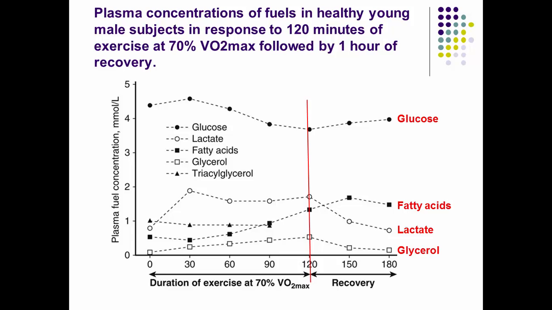So that gives us some idea: during exercise, because muscle utilizes a lot of glucose, the glucose levels drop, and the fatty acid levels increase. So muscle takes up a lot of fatty acids and uses them as energy for ATP production as well.